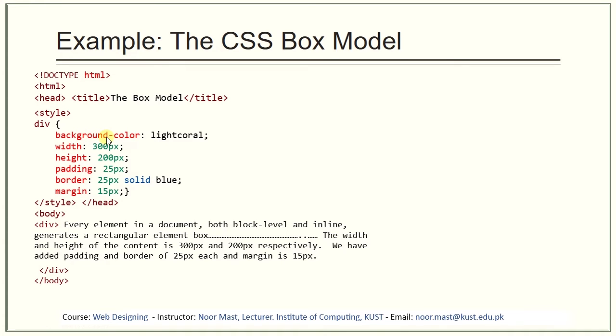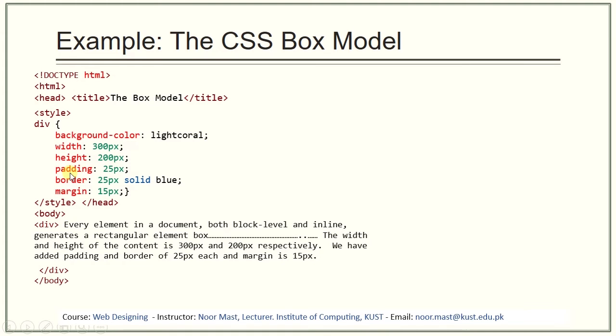To set the contents area, the width and height properties are defined within the CSS rule, where the value of the width property is 300 pixels while the height is 200 pixels.